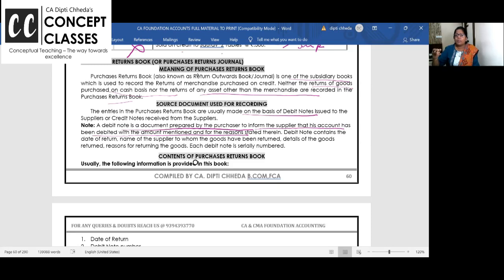I can't return the purchase invoice because I purchased 10 boxes and I'm returning 2. So for the 2 boxes which I am returning, what is the source document? Debit note. The debit note contains the date of the return and the details of the supplier.